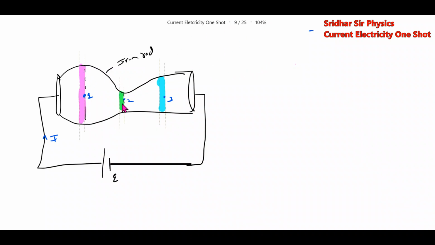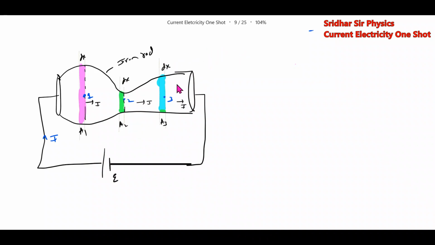Now we have to summarize the effect of the different areas of cross section and what the various conditions will be. First, the same current I will flow through it. The area of cross section of these is A1, A2, and A3. Thickness, let it be the same.